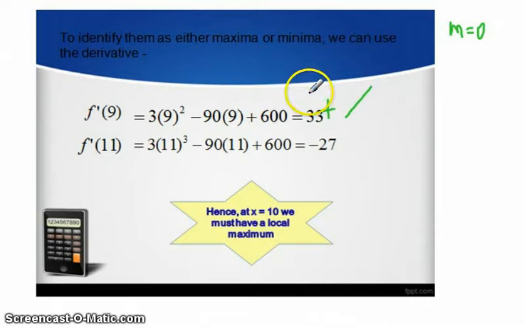Now because you're using the extremum x equals 10 when you set it to 0, after finding a value that is lower than 10, you need to find a value that is greater than 10. The next value greater than 10 is 11.